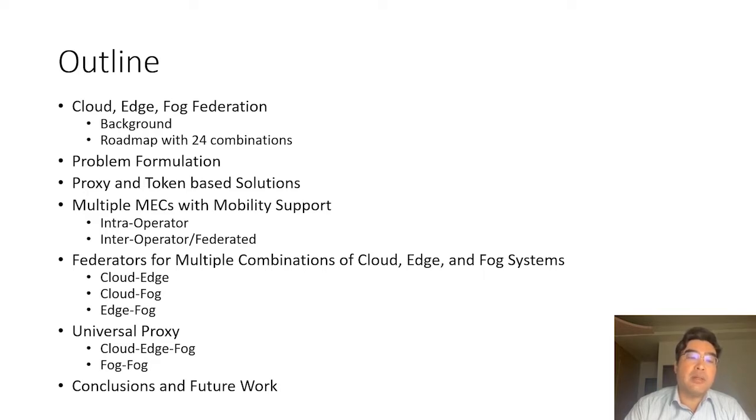We can have pairwise federation between cloud, edge, and fork. And the third group is we try to be universal. Can we have a universal proxy approach that will solve all of them? So we take that approach and try to solve 2 problems. One is cloud-edge-fork universal federation, and the other is the more fragmented fork federations.